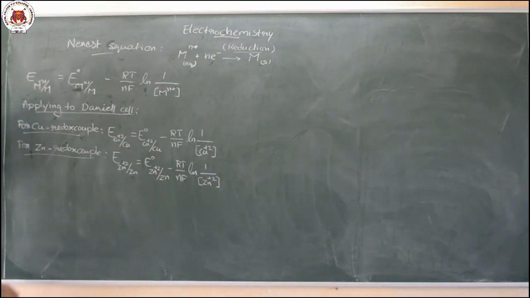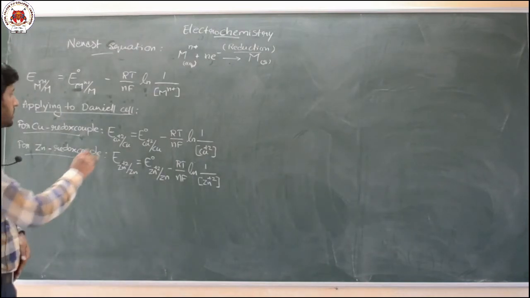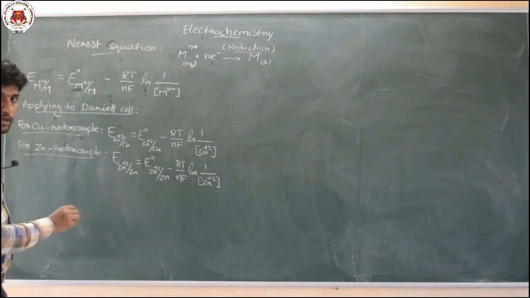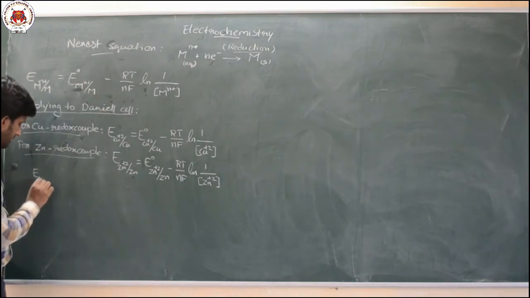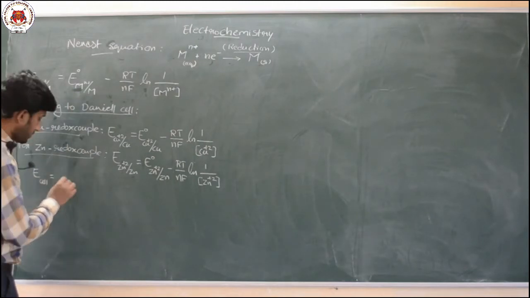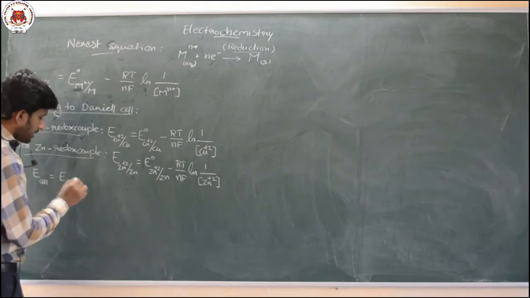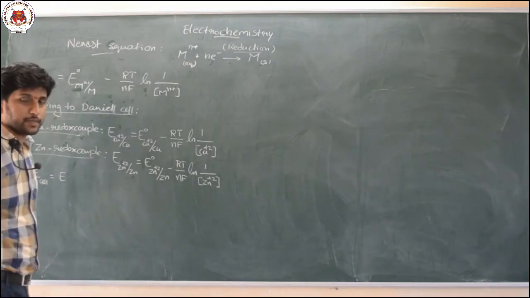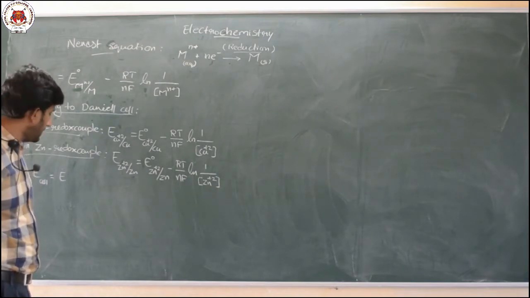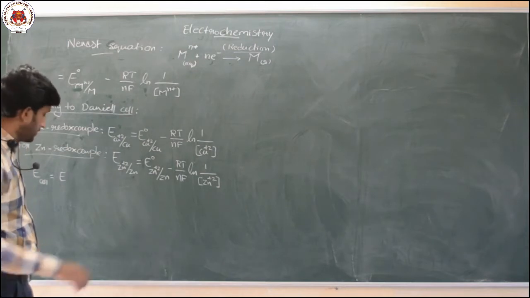Now if I combine these two, for the Daniell cell, you know the EMF of the cell is given by a formula. What is the formula? EMF of the cell for the Daniell cell is equal to E_R minus E_L. E_R means E of the right-hand side, which is the copper couple, so I should write the copper couple first.